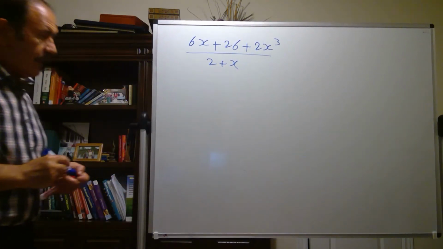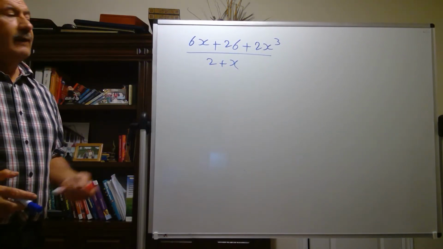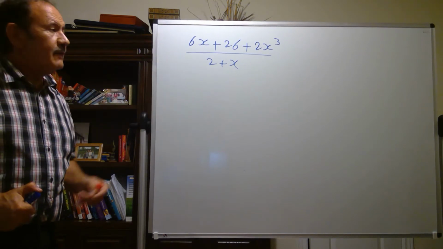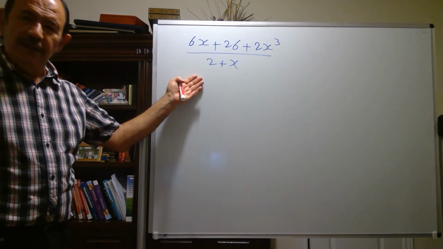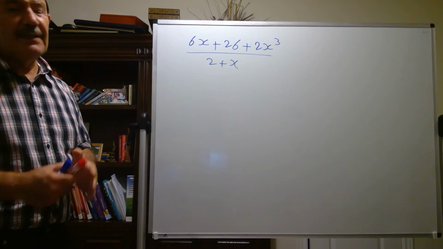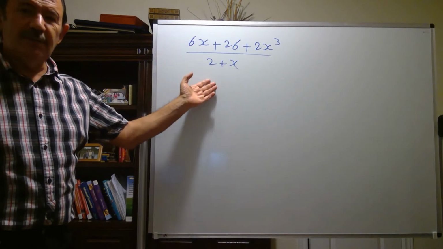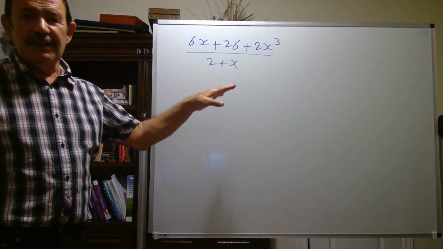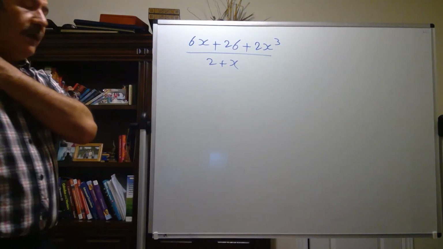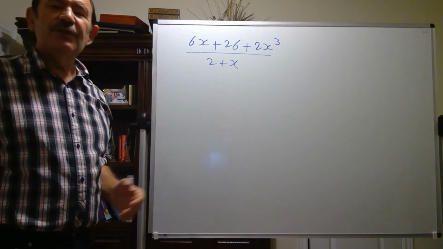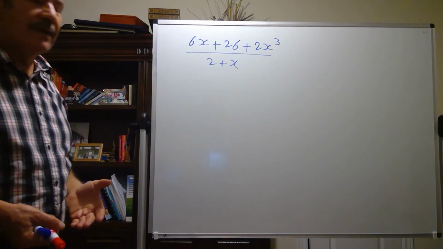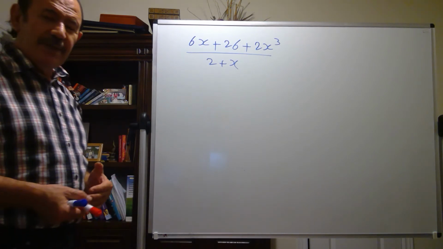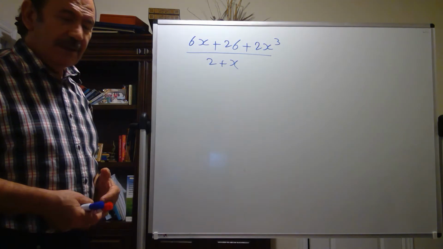Okay, now we want to divide this one, dividing polynomial by polynomial. Again, this is different from dividing a polynomial by a monomial, which is much easier, simpler than this one. Okay. Now, in this case, we should do the long division. Now, what is the first part of long division?